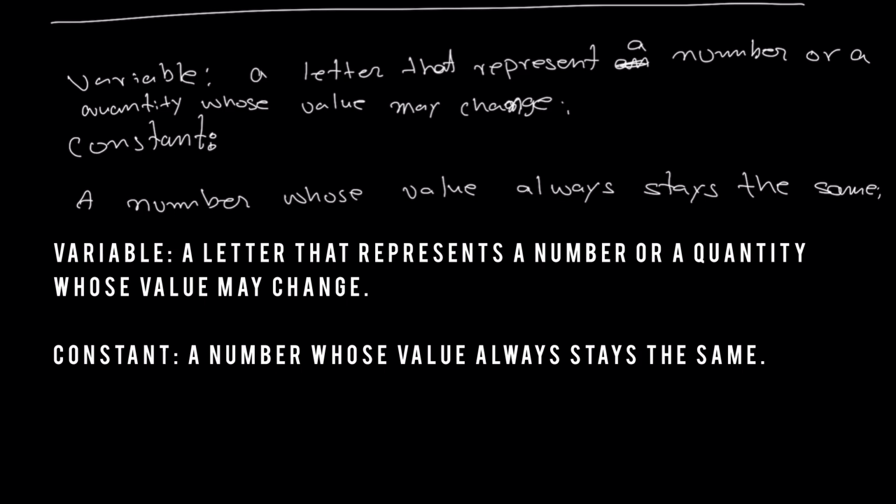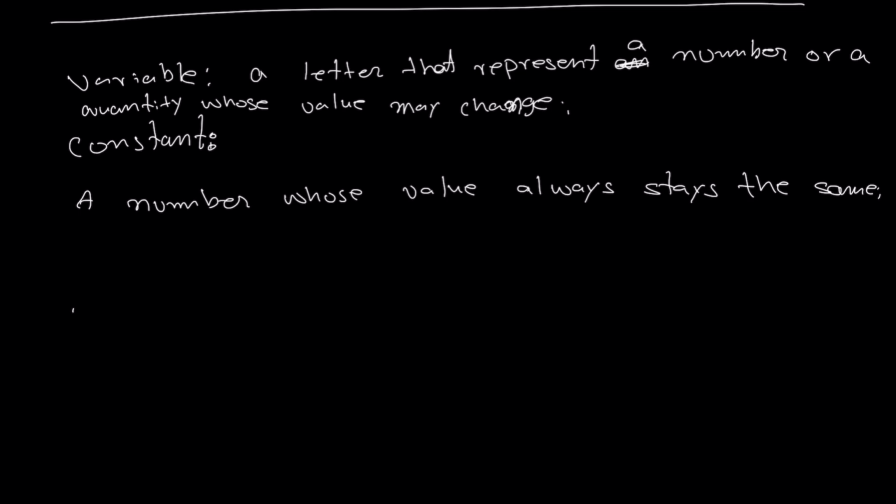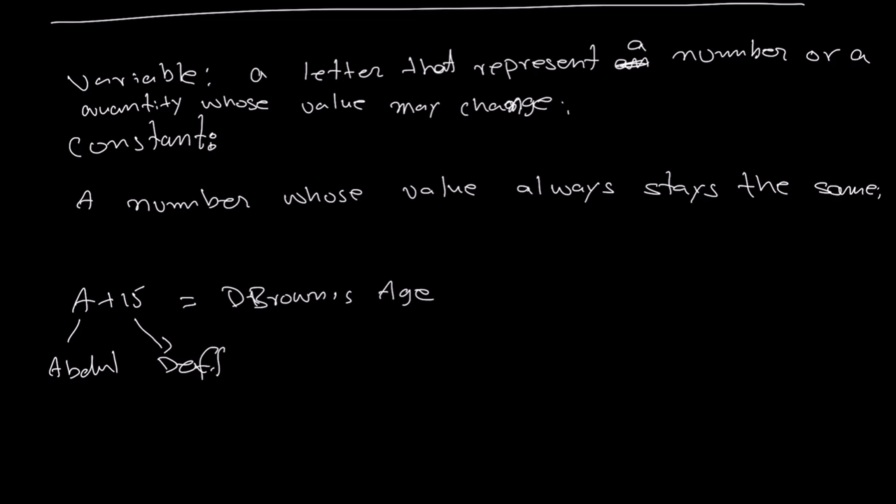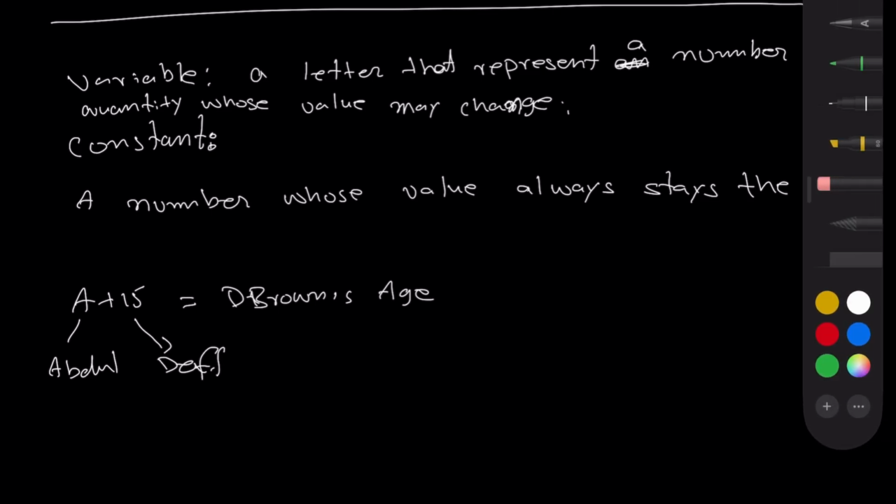In our first example, A plus 15 was Derek Brown's age. So A was Abdul, and 15 is the difference. Let's write this more clearly.